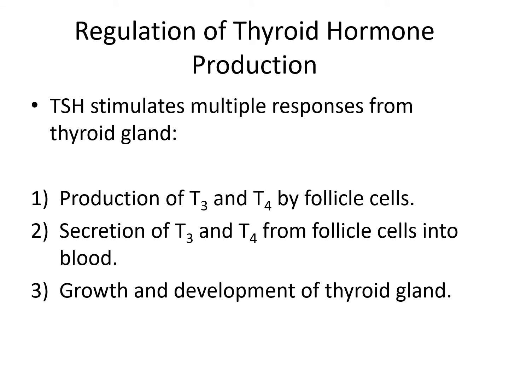Thyroid-stimulating hormone stimulates multiple responses from the thyroid gland. One, it increases the production of T3 and T4 by follicle cells. It increases secretion of T3 and T4 from follicles into the blood, and stimulates overall growth and development of the thyroid gland. So it not only helps the rest of the body, but also helps maintain the thyroid gland.